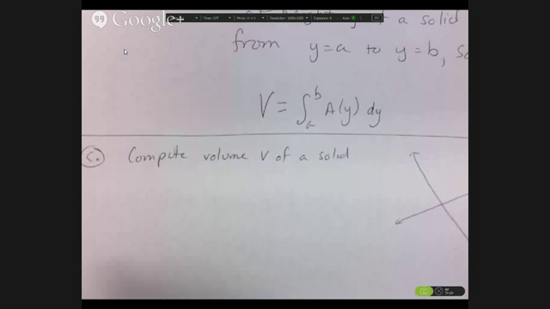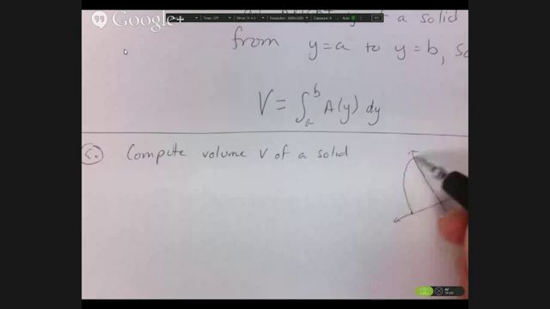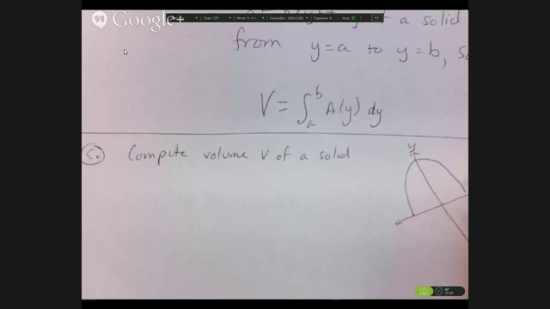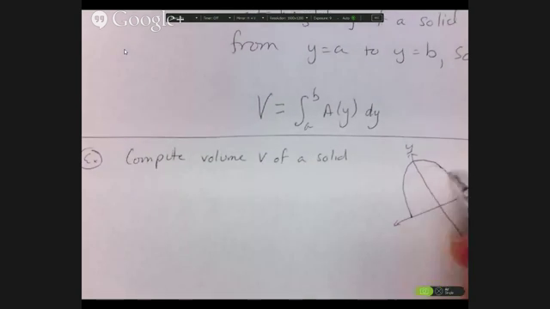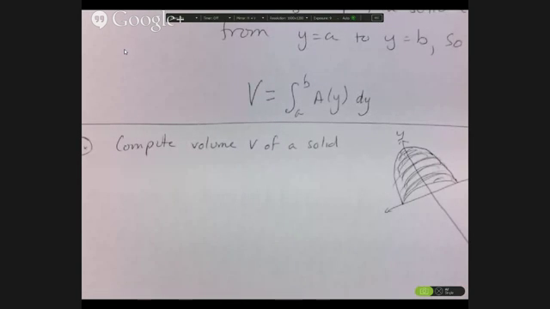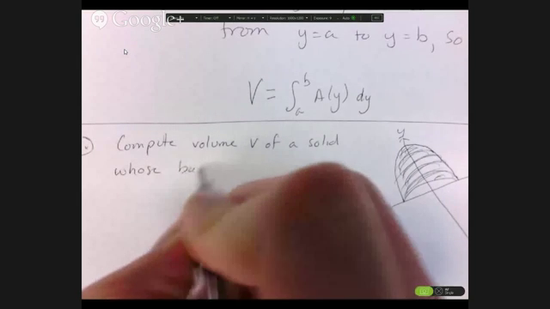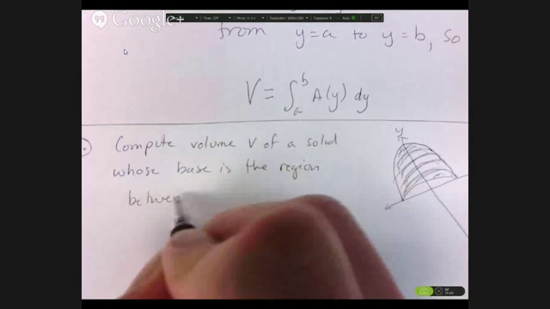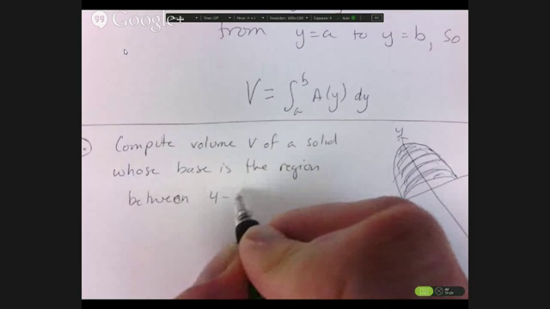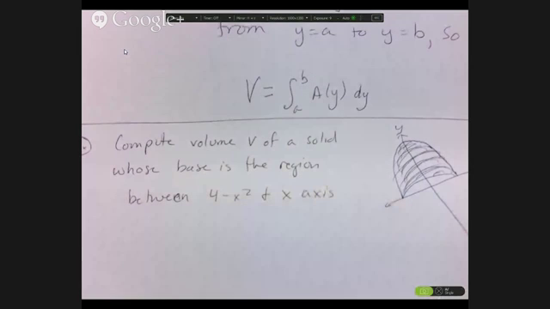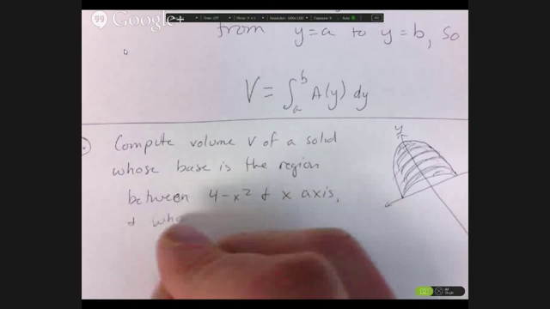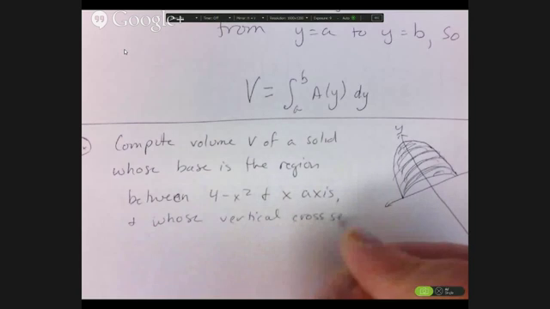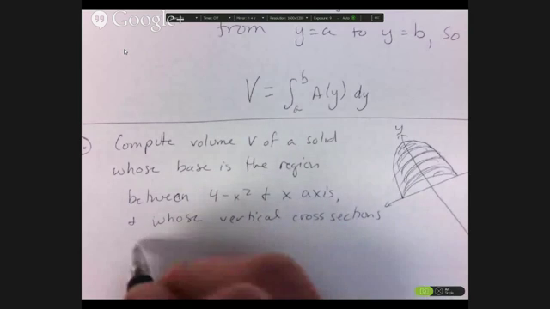So here's a solid whose base, pay attention, is the region between 4 minus x squared and the x-axis, and whose vertical cross sections are semicircles perpendicular to the y-axis.